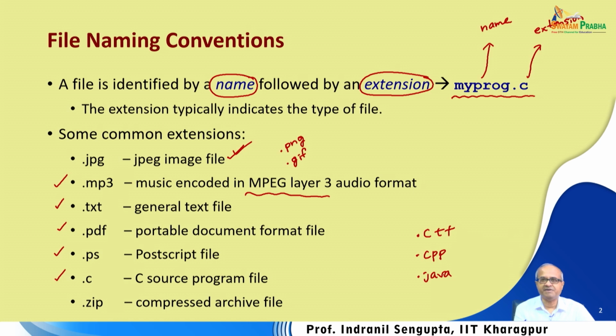For a compressed file, if you are compressing a set of files using the zip tool, the zip archive generator, then the extension will be .zip. There are other compression methods also available, like tar, in that case it will be .tar, and .rar. So, these are some of the file naming conventions and extensions that are used by the operating systems.